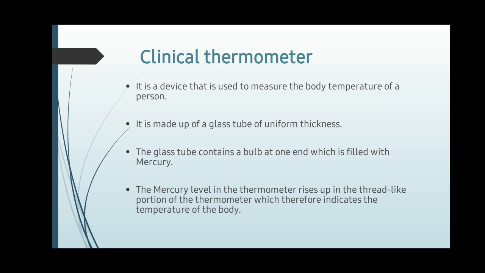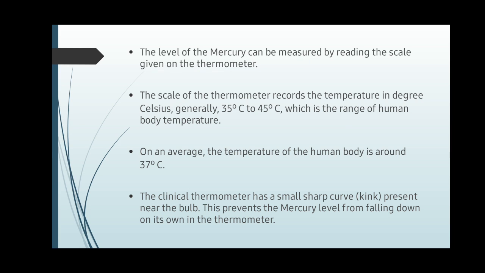Clinical thermometer is used to measure the human body temperature and it is made up of a glass tube. At one end of the glass tube there is a bulb. In the bulb mercury is filled. Why is mercury filled? Because mercury is very sensitive to heat. When it senses a small heat change, it can immediately rise up. That is why we are using mercury in this clinical thermometer.